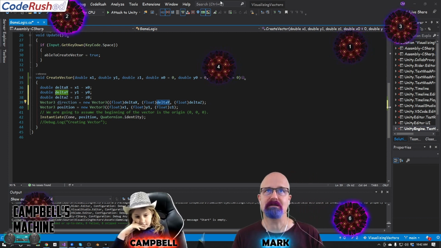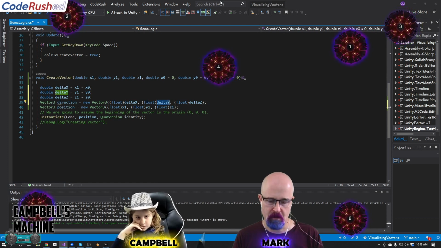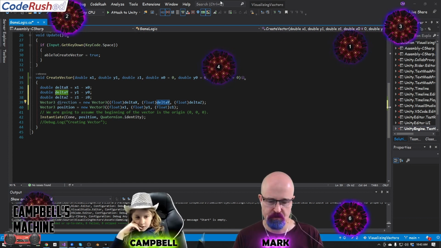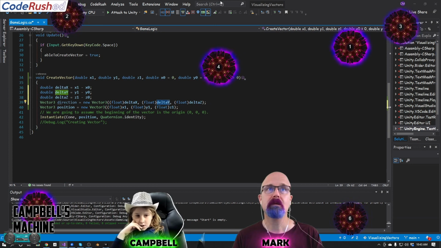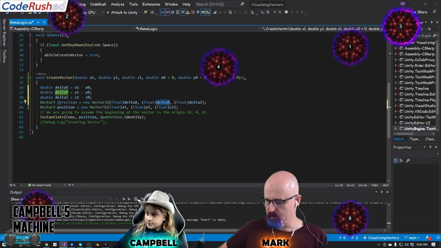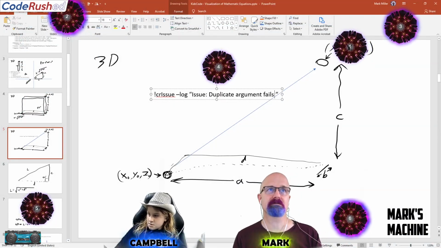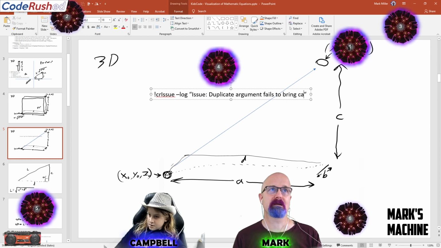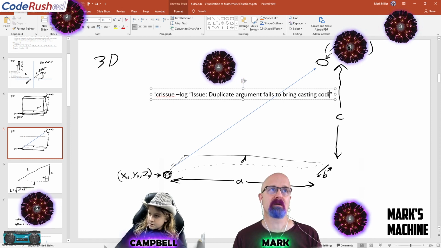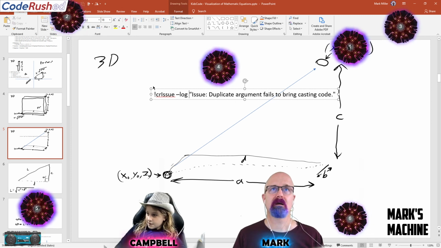I'm going to call that, what am I calling this one? I'm going to say duplicate argument. Show my machine so you can see what's happening. Duplicate argument fails to bring casting. So, like that.